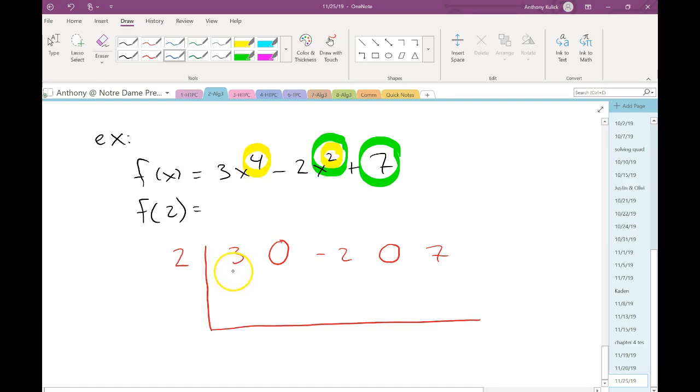All right. First step, we are going to bring down that first number. And then we multiply the number on the outside by the number below and write it in the next spot above. And then we add down.